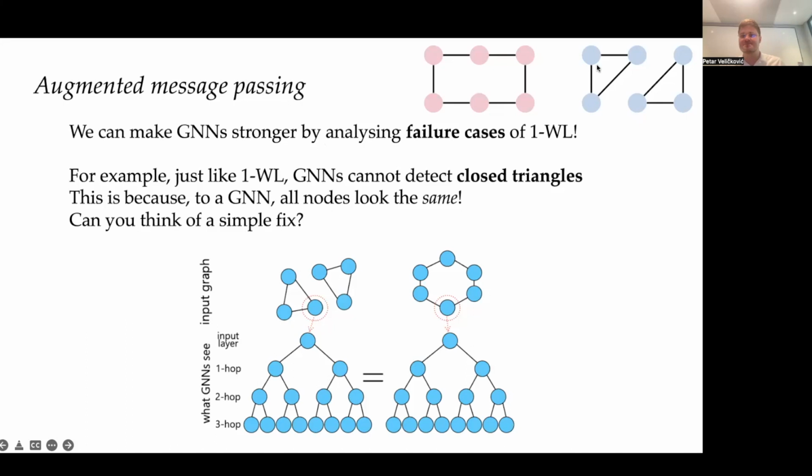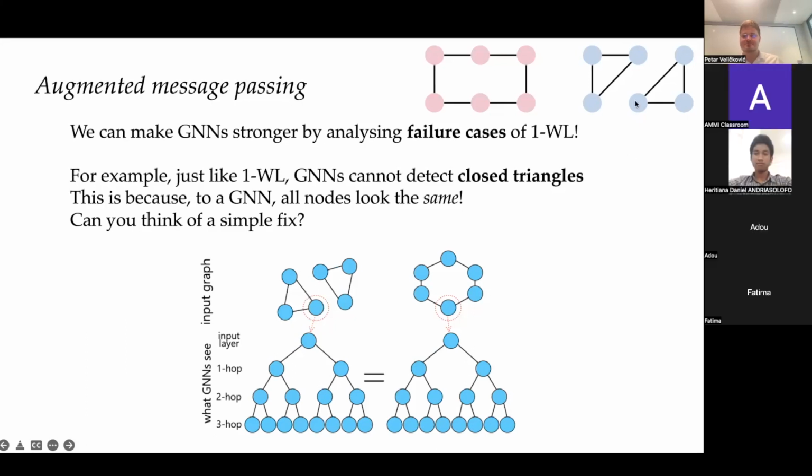Any ideas? Is there anything simple I can do to the node's features to not make them look the same?